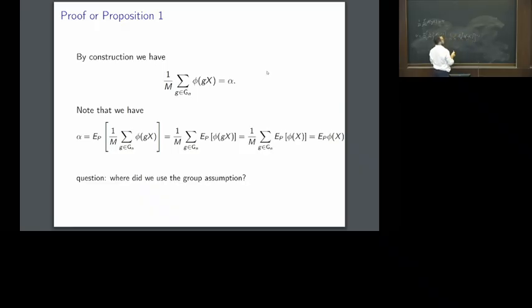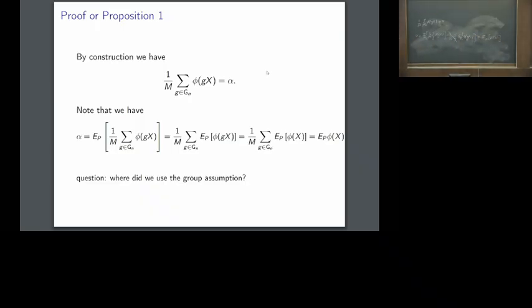This is expectation with respect to P under the null. Gx and x have the same distribution, so I can forget about the G. Now I'm summing m times the same thing, so I can take out the sum and the denominator, and I'm back with just E_P of phi x. So that's the proof.